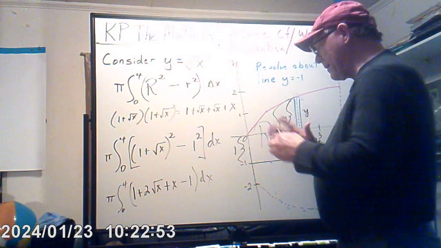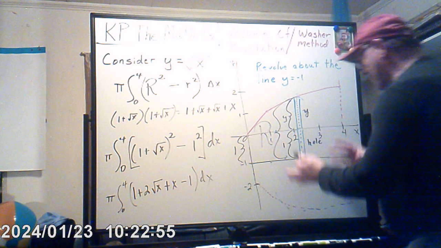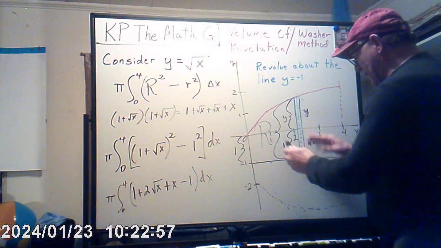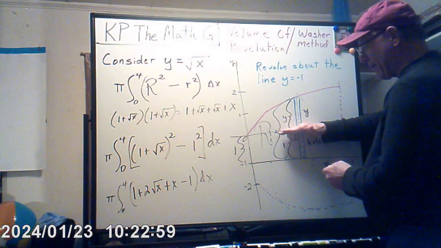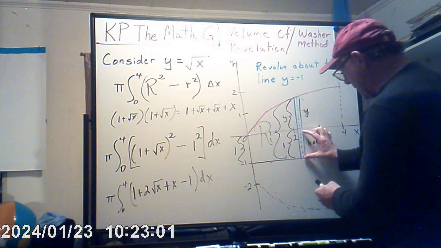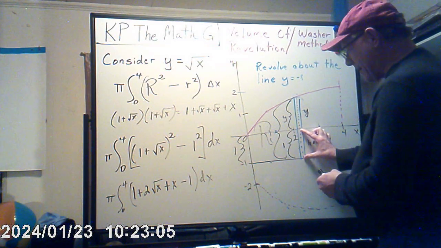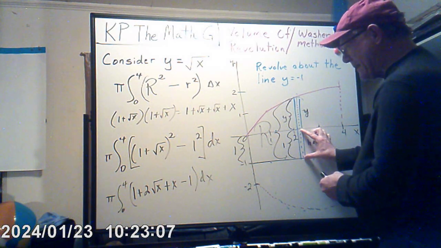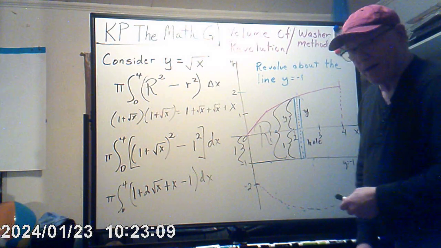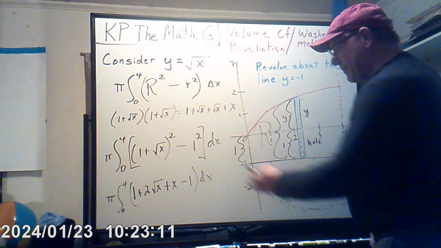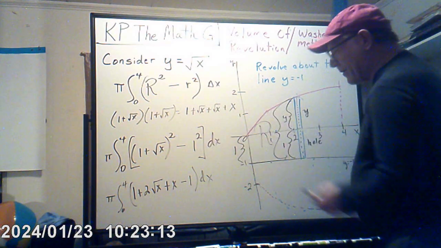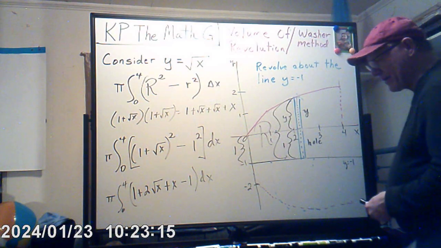The idea is knowing that this is going to form a washer, because it's not going to rotate around the x-axis. There's one more hole, right? It's going to leave a hole 1 unit thick, a radius of 1.